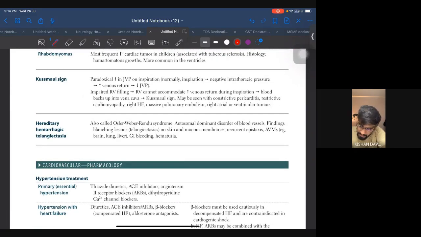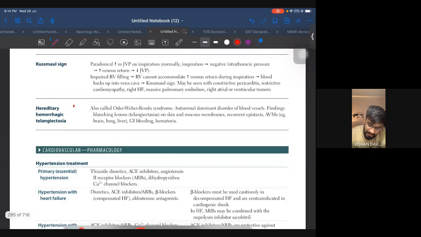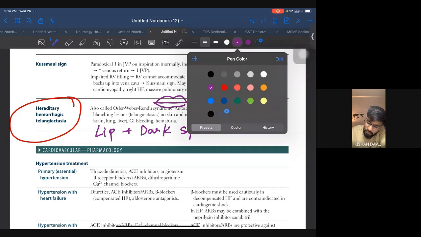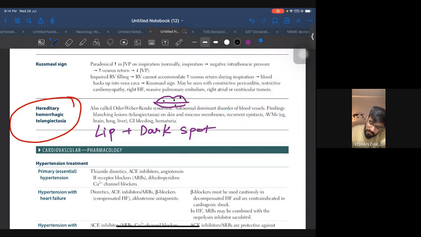And what else is there? Hereditary hemorrhagic telangiectasia. Now, how the case will be presented to you is that the NBME will show you an image of a lip with dark spots. There will be an image of lips, and on the lip they will show you various dark spots.